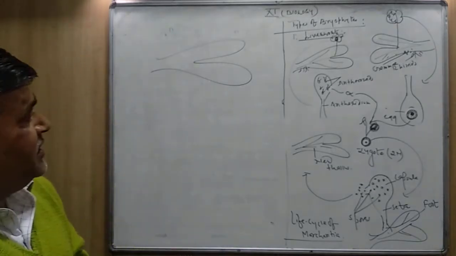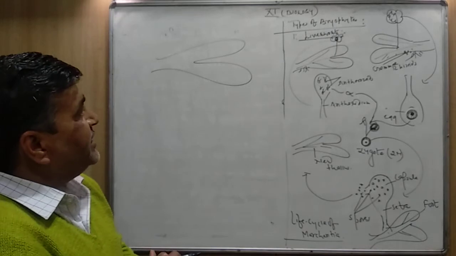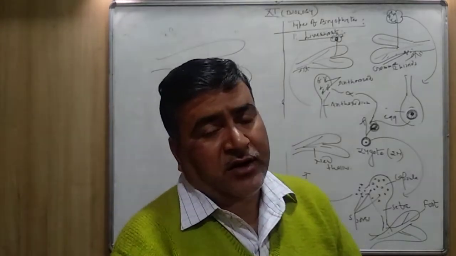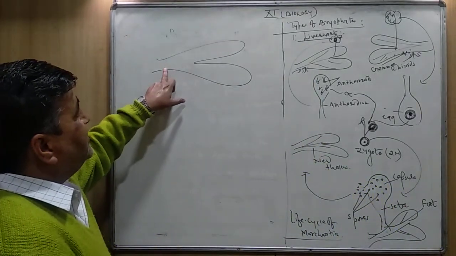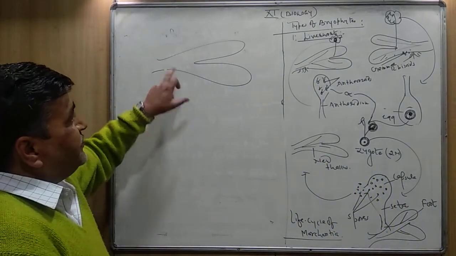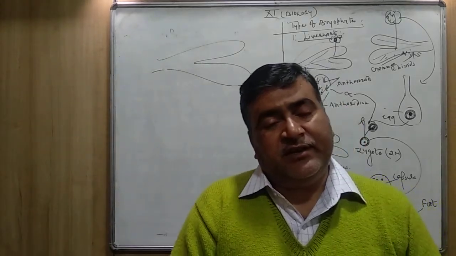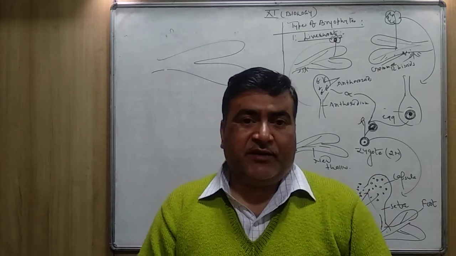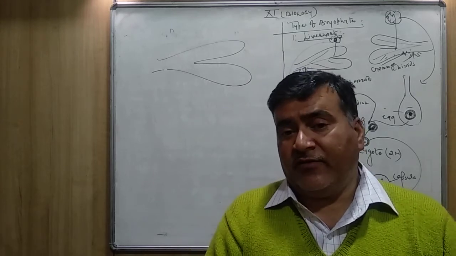In the liverwort, like in the case of Marchantia, is very popular, or you can say the main liverwort. First of all, before the structure of the liverwort, we will discuss the habitat, where the liverworts are found.